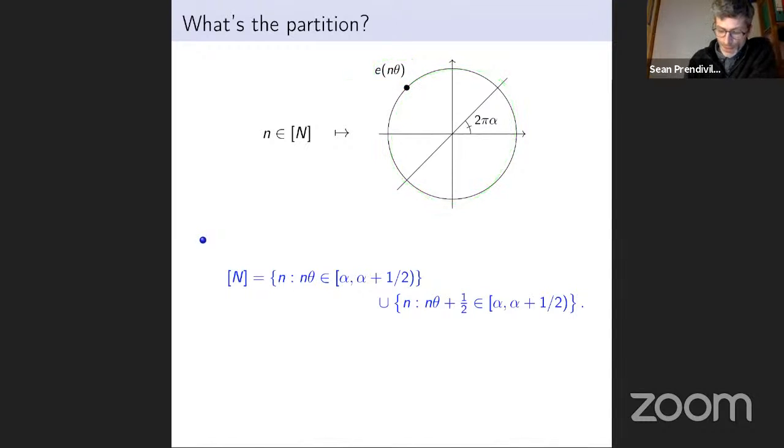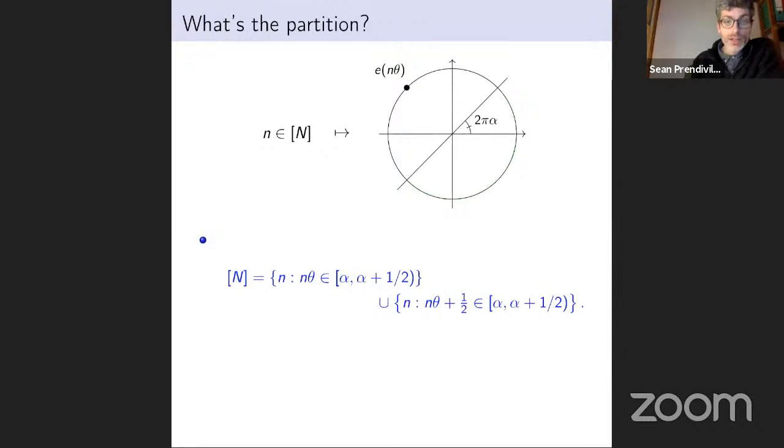Okay. Now we want to partition our interval, so we'll partition our circle and then pull each part of that partition back to the integers. How are we going to partition our circle? We're just going to chop it in half. Okay. So we'll chop it at an angle of 2 pi alpha. And that gives us 2 halves of the circle.